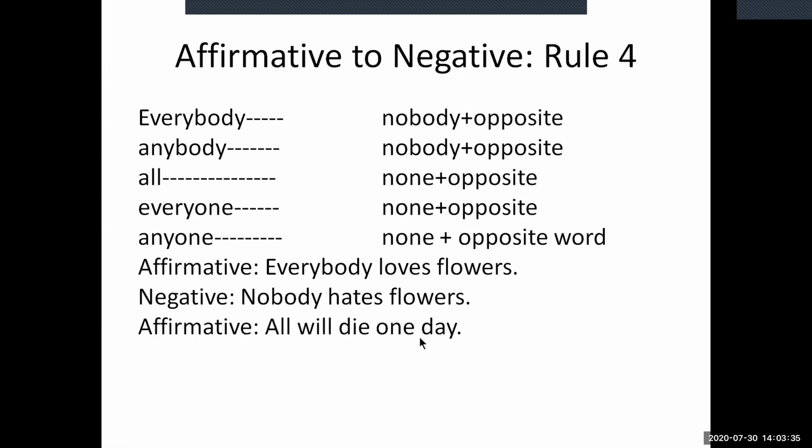Another example, all will die one day. You might ask me a question, sir, why haven't you written antonym? Because if I write antonym, then it will be easily understood by students. But rather I have written opposite word, opposite meaning. So why not directly antonyms?